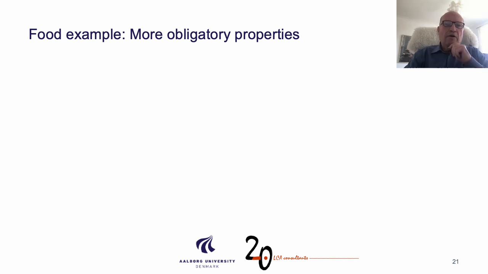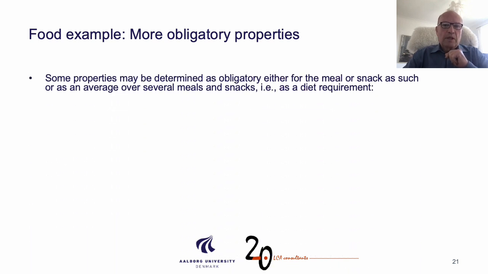There are, of course, a lot of different properties that may be obligatory for different kinds of food. Some of these can have to do with the diet requirement, so you look over a longer period of time, not just for one meal.